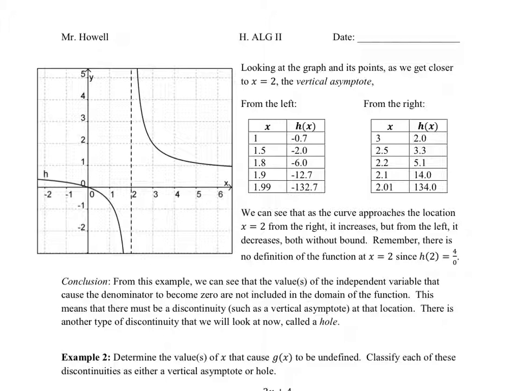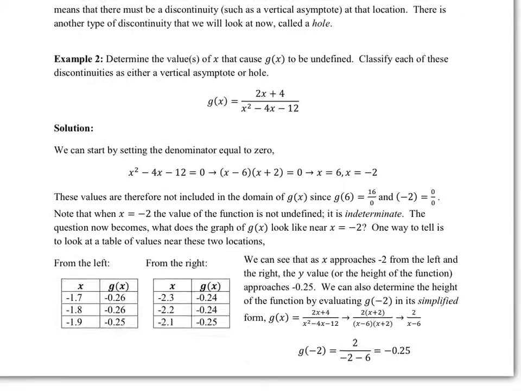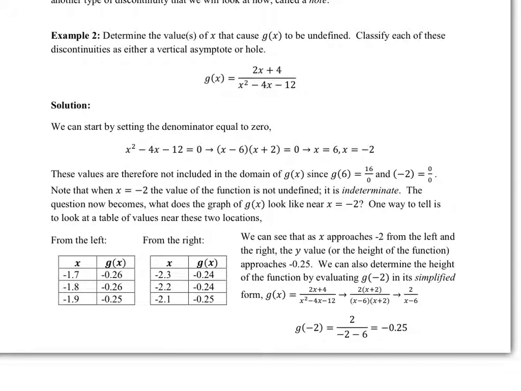Slide down to the next example. So, what we'll notice here is this. In order to figure out what makes the denominator 0, we need to factor it, as always, because it's quadratic.